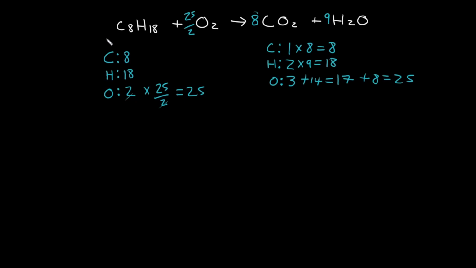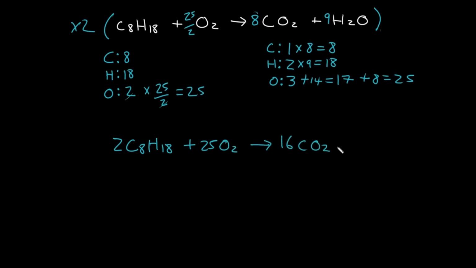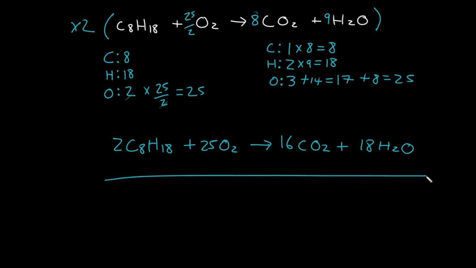But we can't leave it like this, so we have to multiply the whole thing by 2 to get rid of this fraction. So when we multiply everything by 2, we will get 2C8H18 plus 25O2 turn into 16CO2 plus 18H2O. And that is the balanced chemical equation.